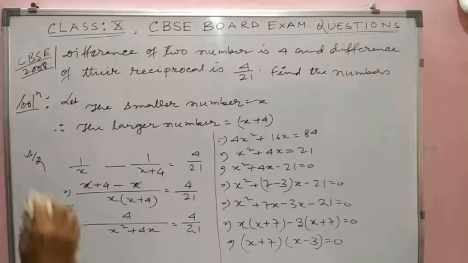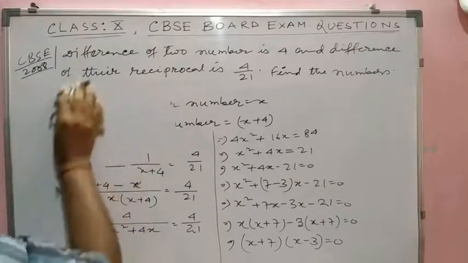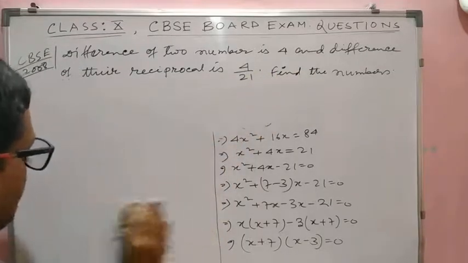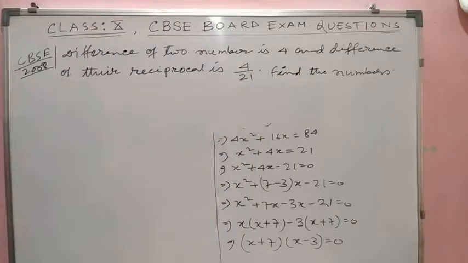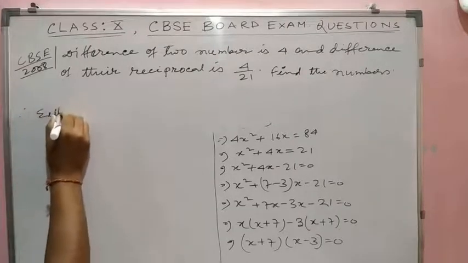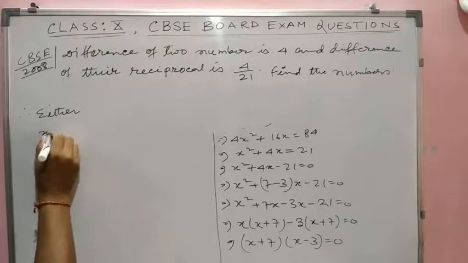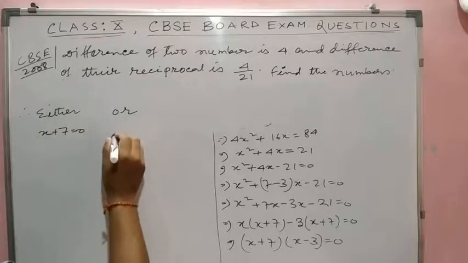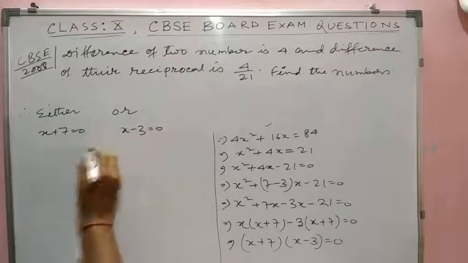So by either-or we get, therefore either x plus 7 equal to 0 or x minus 3 equal to 0.